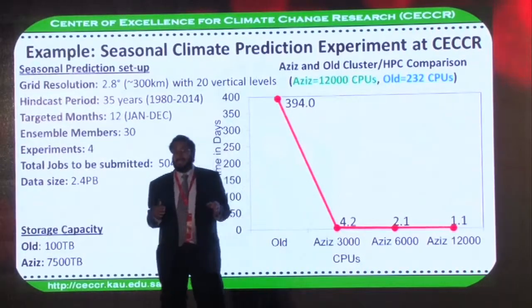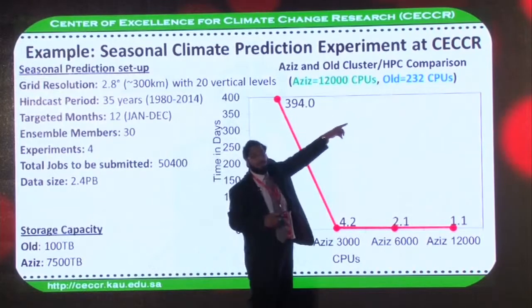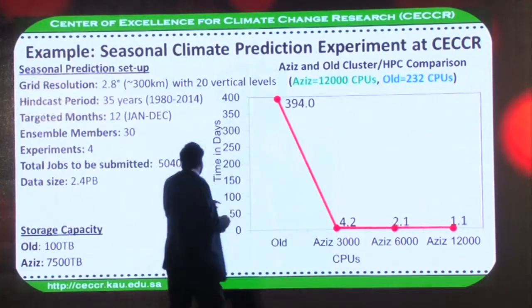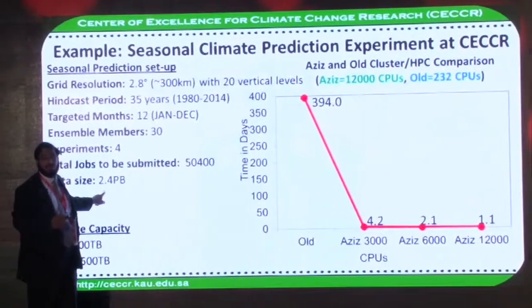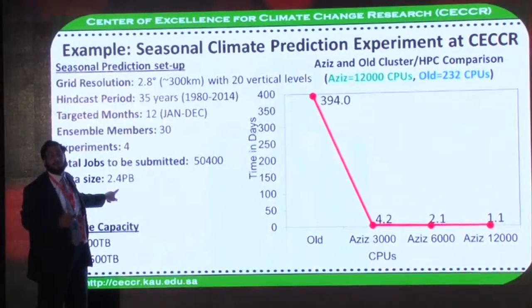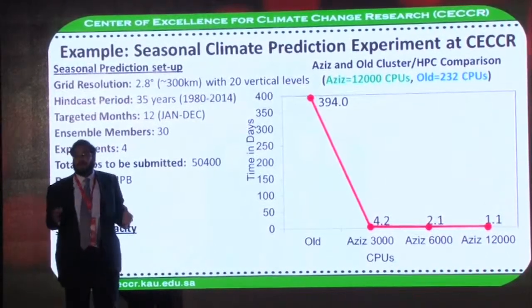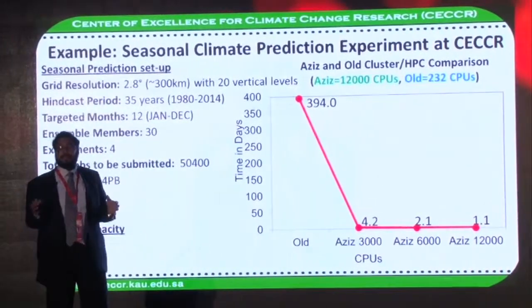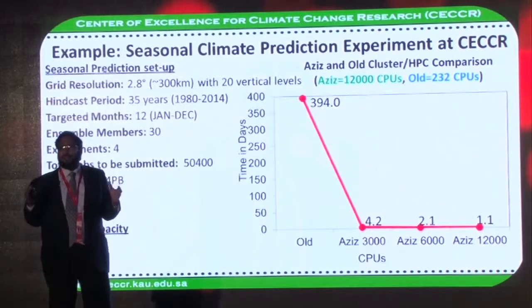Adding to that, we were not able before to run this on our old machine, because the storage that will be generated from this run will be like 2.4 petabytes, and at that time we only had 100. So we are not able to hold this capacity of data, which is the big data that is now really hindering our research.